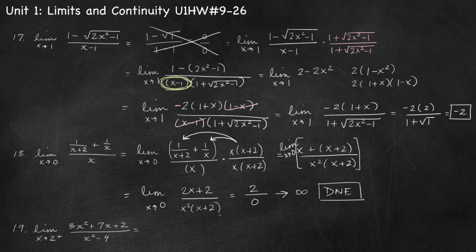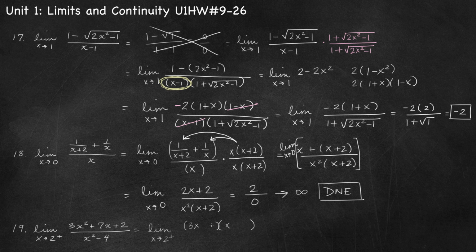Number 19, we want the limit as x approaches 2 from the right-hand side. Substitution is going to give us 0 over 0. So we're going to simplify this algebraically by factoring both the numerator and denominator. So limit as x approaches 2 from the right of. When we factor the top, we have 3x and x. Then it's either 1 and 2 or 2 and 1.